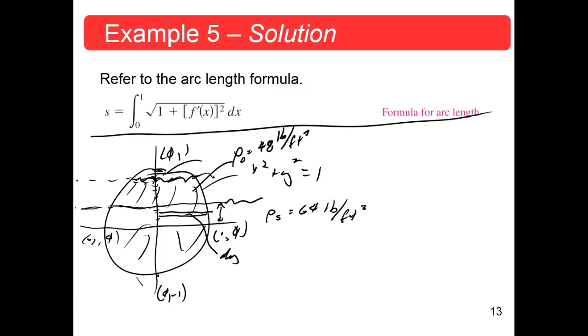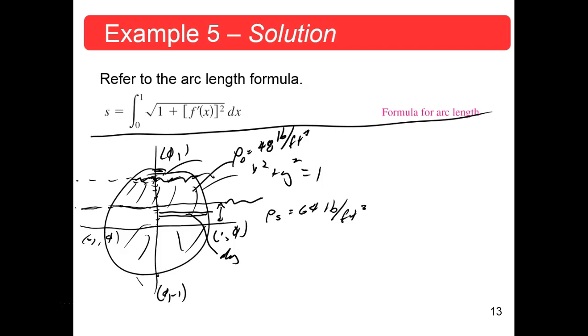Well, where is this going to? Again, x squared plus y squared is equal to 1. So at any given y, y squared is equal to 1 minus x squared. Is that the way we want to do it? I think we want to do it another way. Let me pause and think for a moment here.